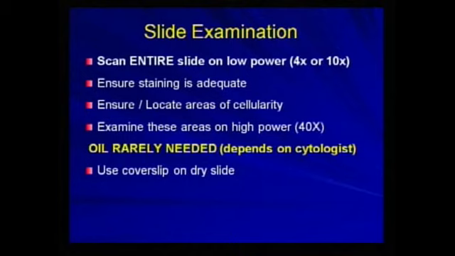So the first thing we want to do is look at the entire slide. This will also tell you whether it is stained adequately or whether we may have to go back and restain some areas.